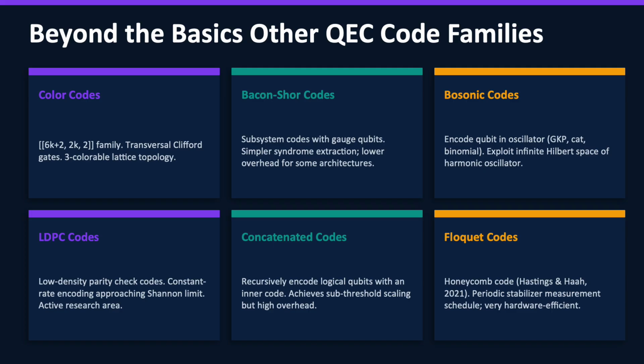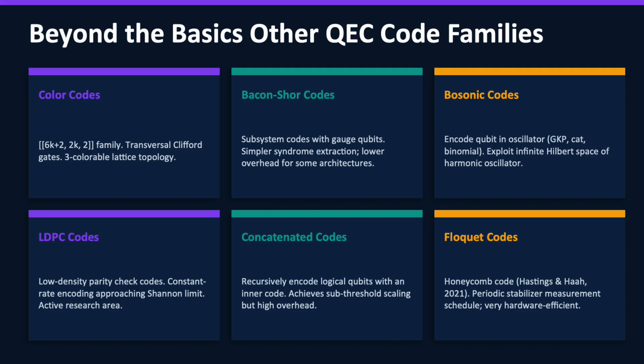The color codes are a visually appealing family of codes defined on a lattice, where three colors of tiles meet at every vertex like a stained glass window. They share many of the useful properties of surface codes but have some additional advantages. In particular, they support a larger set of operations that can be performed in a transversal, fault-tolerant way.